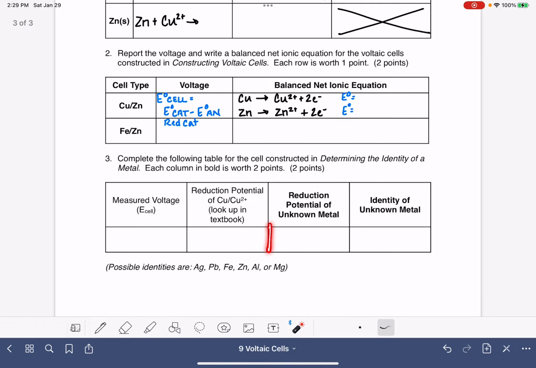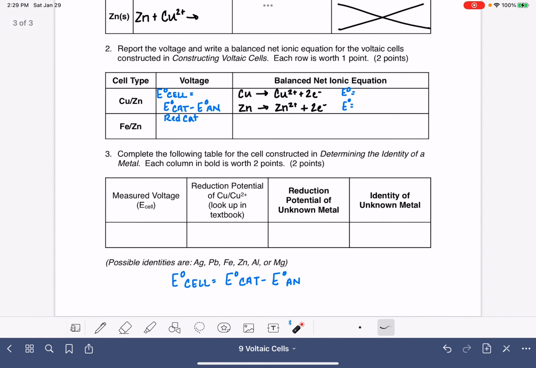Then you're going to report the reduction potential of your unknown. Now, to do that, again, you're going to use that same equation, E cell is cathode minus anode. And you know the value of E cell because you reported it in the lab, and you know the value of one or the other, either the cathode or the anode, but you don't have any way of knowing at this time whether the copper is the cathode or the anode.